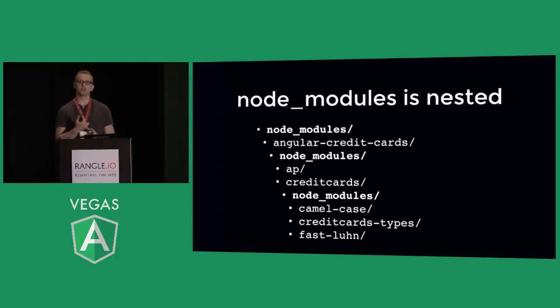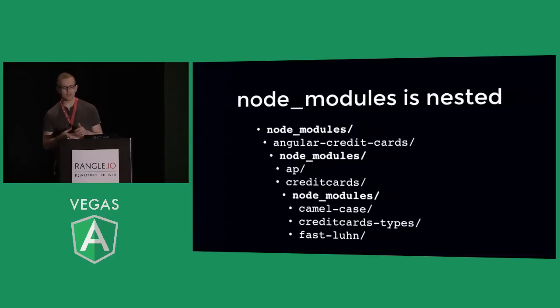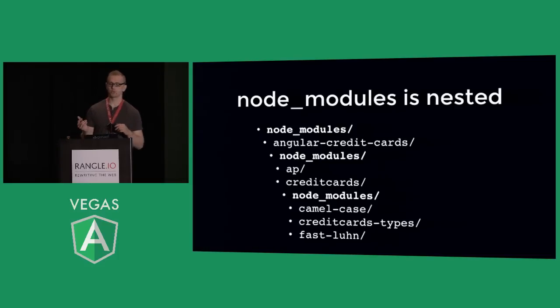And Angular credit cards is also a Node module. So Angular credit cards has two direct dependencies. It has ap, which is a little utility for doing partial function application. And then it has credit cards, which is a tool for basically doing parsing, validation, and formatting of credit card numbers, which we'll actually talk about later.